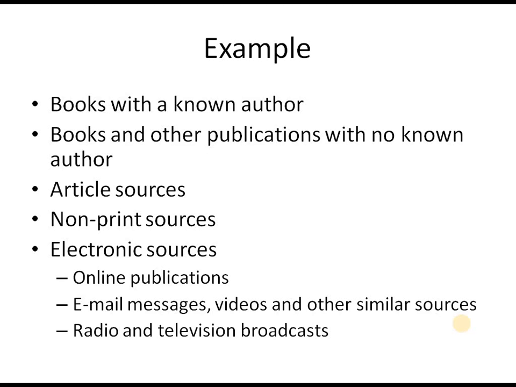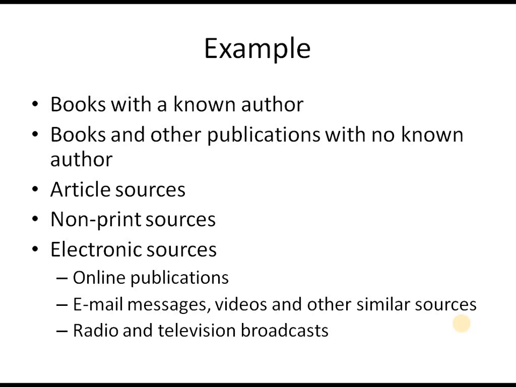Sometimes we get references from article sources. The listing of details concerning article sources is handled according to the same basic principle. Additionally, for general article paging by volume, the volume number of the publication is indicated, preceded by a comma. Sometimes we see that some references come from non-print sources like personal communication.